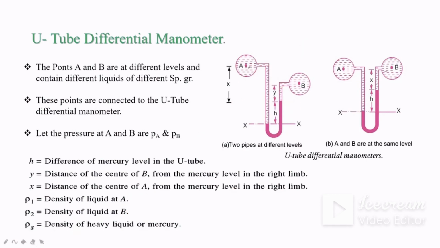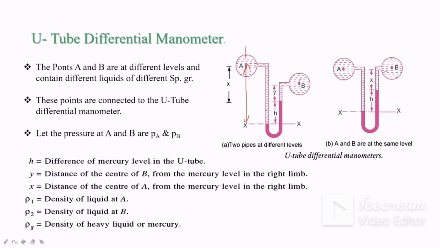What is the distance here, from here to here? Because we are defining the distances with the mercury levels. So this distance is X plus H. So PA plus rho 1 g, and the height will be X plus H for the left limb.